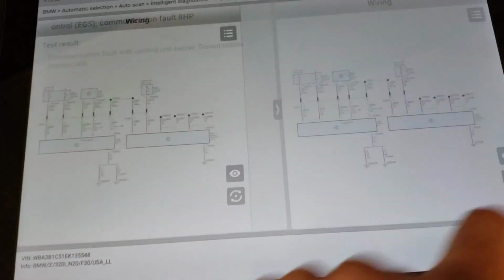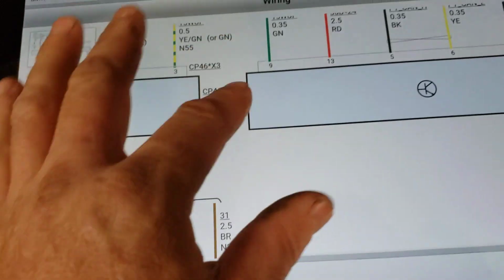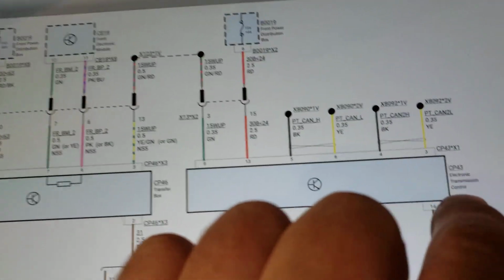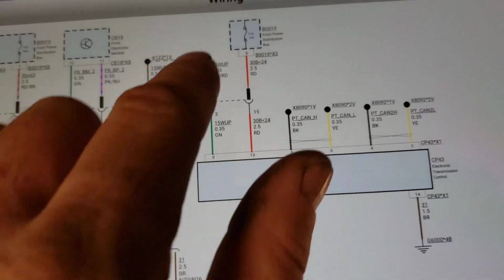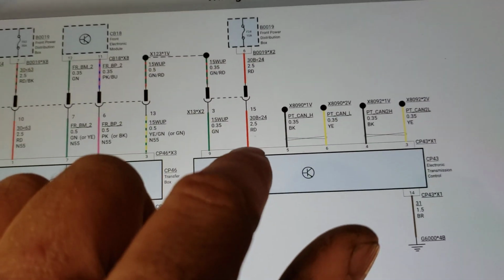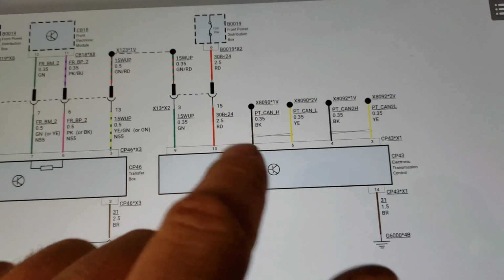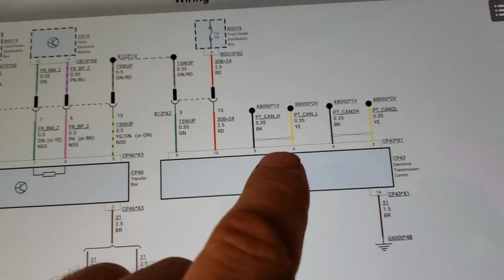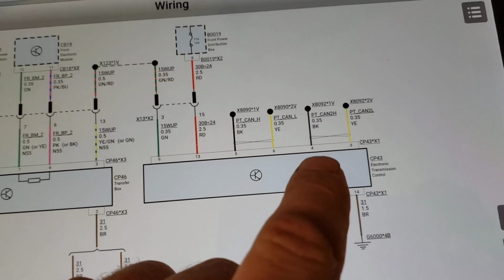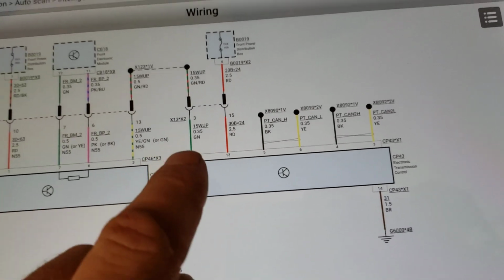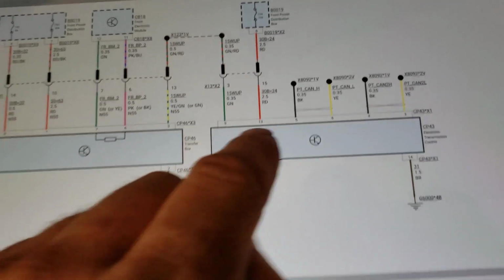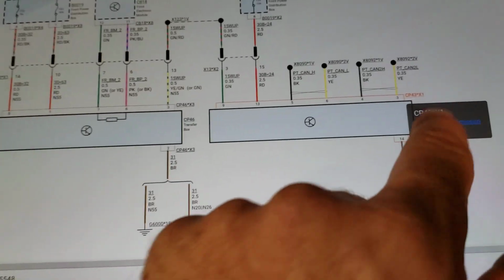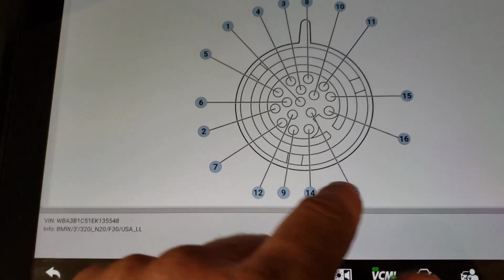So now, let's look at this transmission electronic transmission control. You've got power coming in here, and then you've got a ground, and you've got CAN high, CAN low for PT CAN, and then CAN high, CAN low for this number 2 PT CAN. So I'm going to check power coming in on pin 13, and if I click on this, it'll show me what pin 13 is.